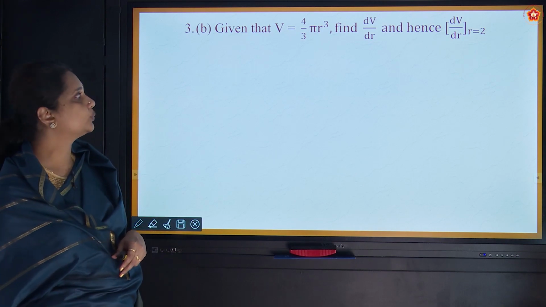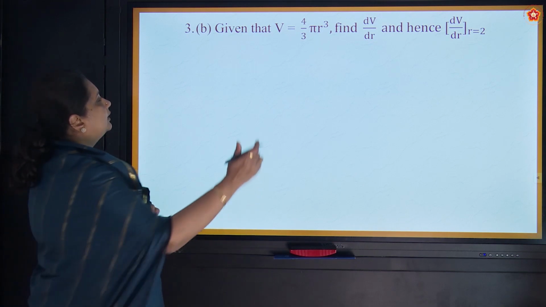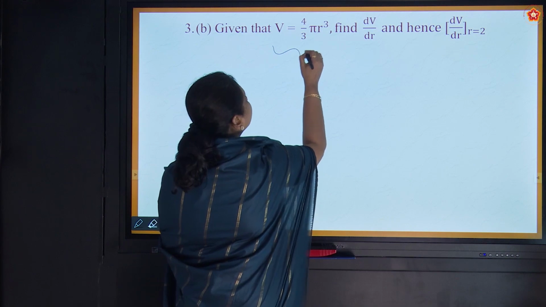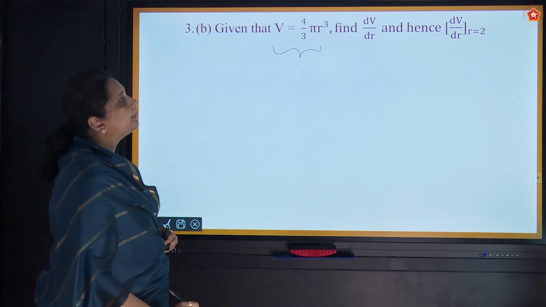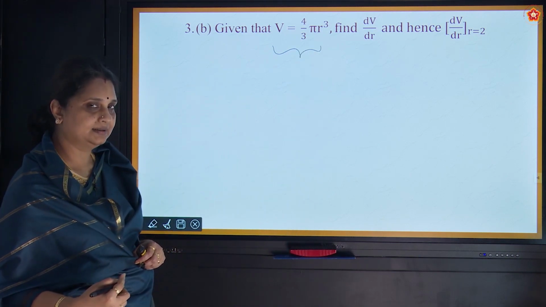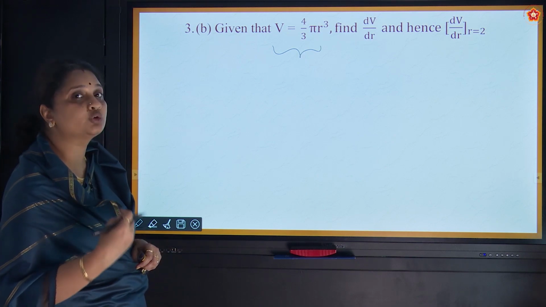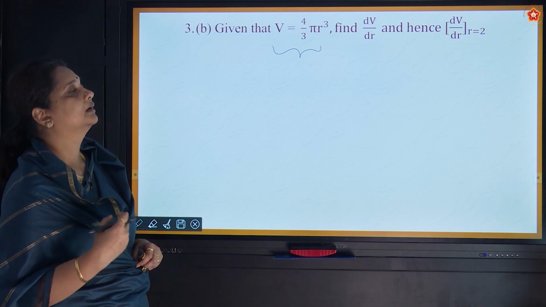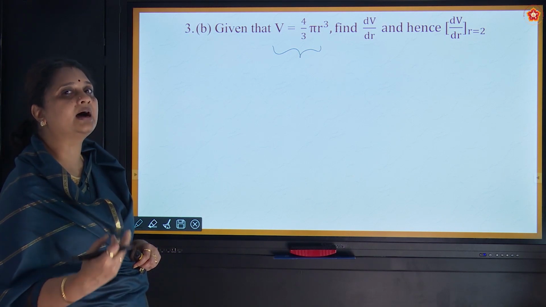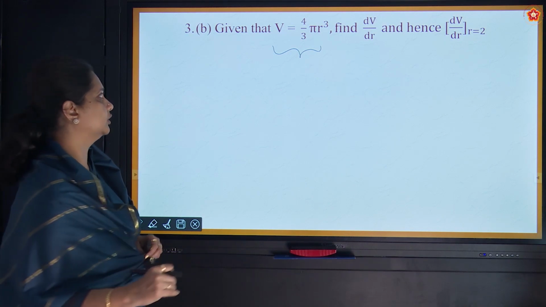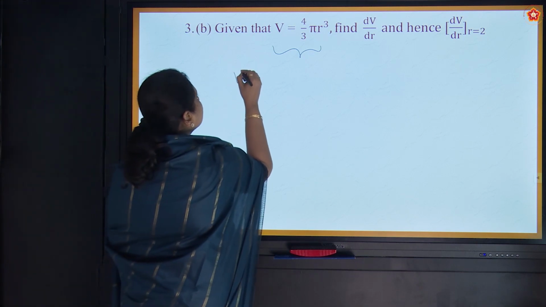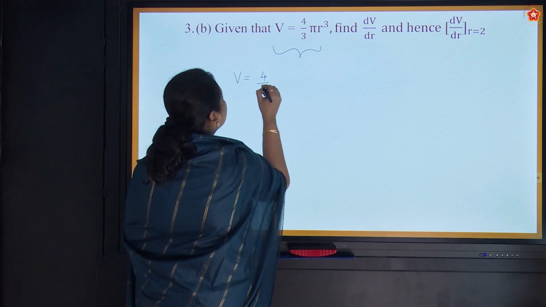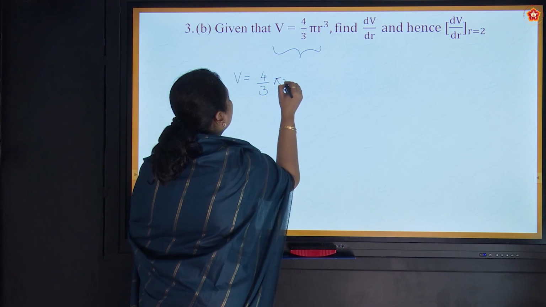Okay, so we'll move on. Now v is given to be 4 by 3 pi r cube. We're supposed to find dv by dr. That's nothing but rate of change of v with respect to r. Hence, dv by dr when r is equal to 2 should also be found out. Okay. So I have v is equal to 4 by 3 pi r cube.